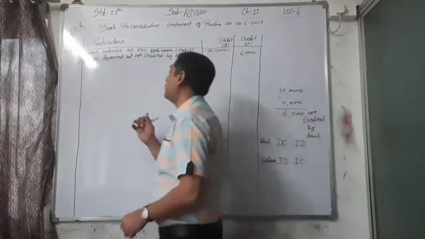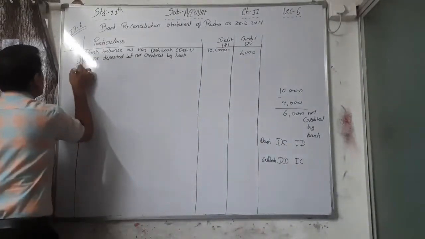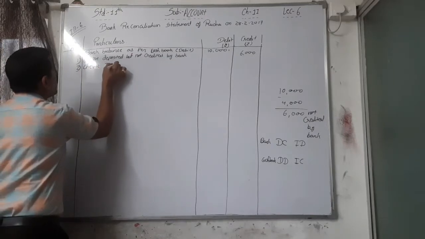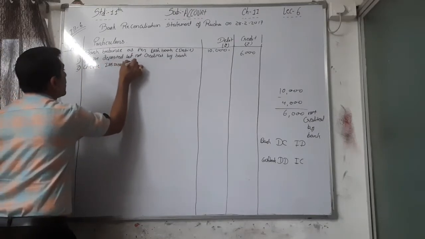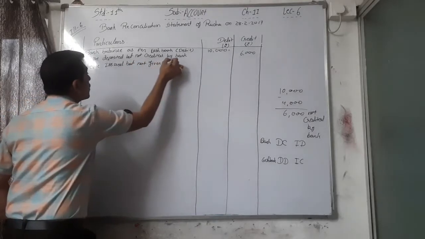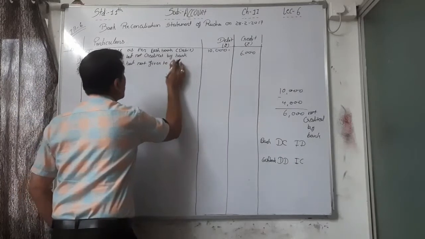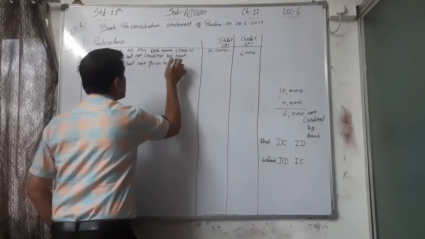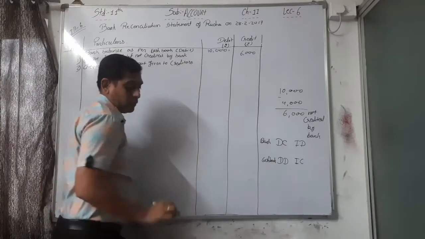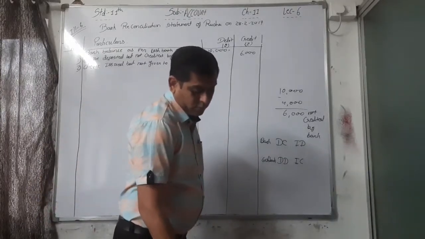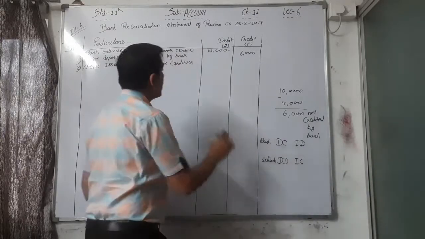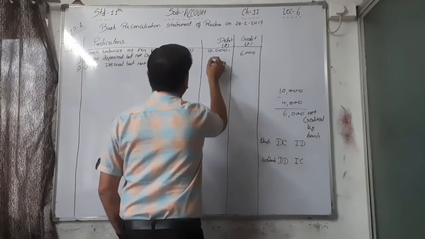Write down: cheque issued but not given to creditor, not customer. The amount is 4,000, so ID 4,000.